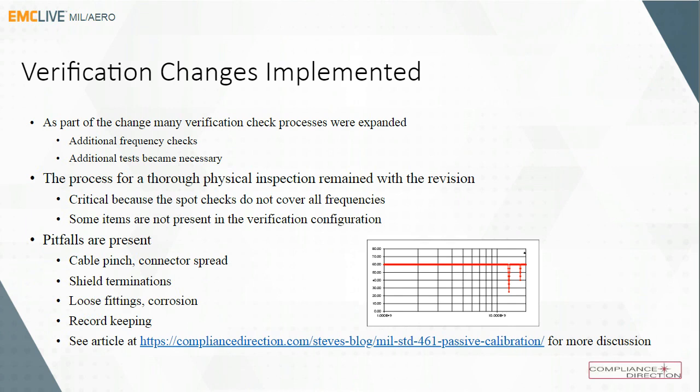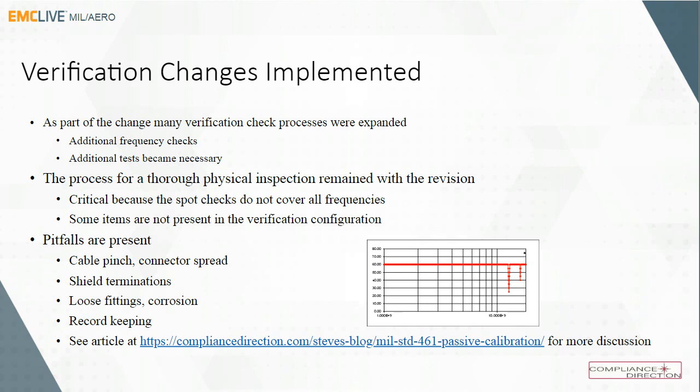It was critical because now the spot checks don't cover all the frequencies, and some items are not physically present in the verification configuration. So we need to consider some of the pitfalls that come about in dealing with this. That little chart that you see on the slide there showed a cable pinch at a very high frequency.